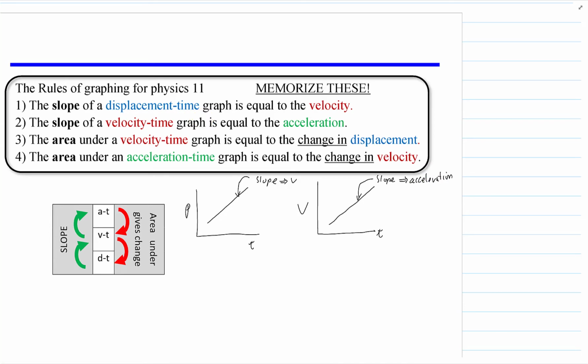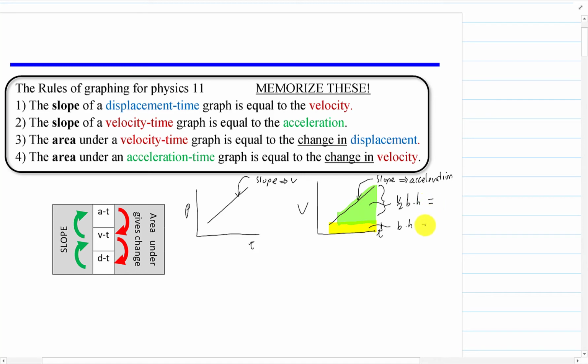And rule number 3, the area. So the area, I'm going to do it in two different colors here because I'm going to split it up into a triangle and a rectangle, yellow rectangle and a green triangle. Okay, and the area of this would be 1/2 base times height, and then the area of this would be just base times height, this height here for that, and for the triangle, the height of that.